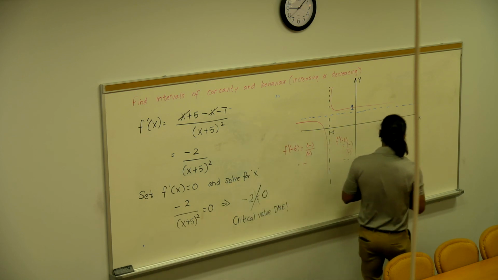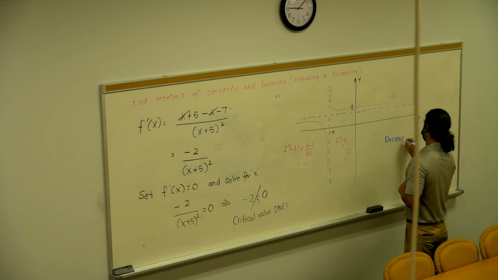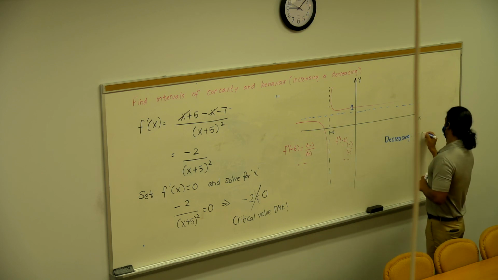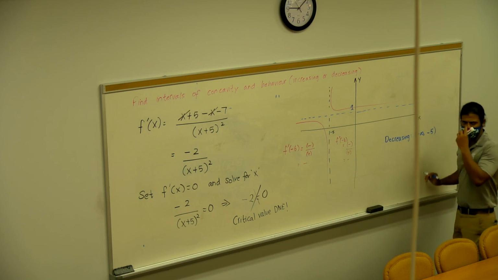So we can conclude just by looking at the graph, the function is decreasing from negative infinity all the way up to negative 5.